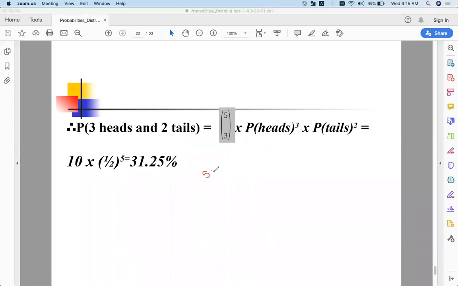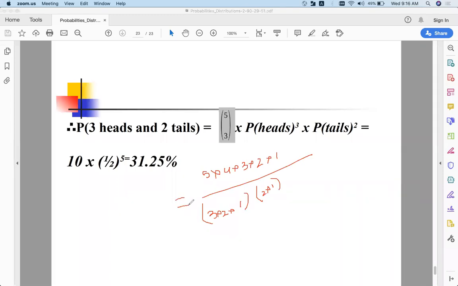So you can write 5 factorial as 5 times 4 times 3 times 2 times 1, divided by 3 factorial, which is 3, 2, 1. Again, 5 minus 3 is 2, so 2 factorial, which is 2 times 1. Try this and tell me what the answer is.